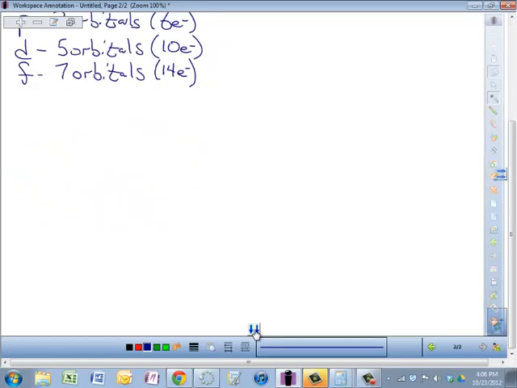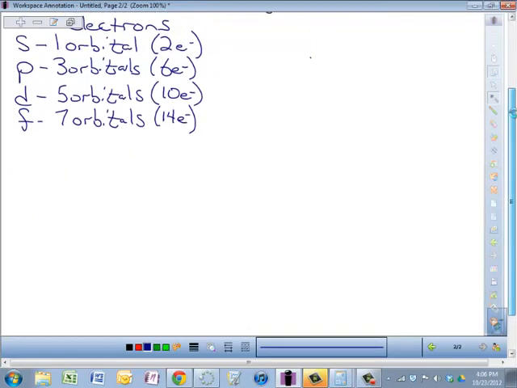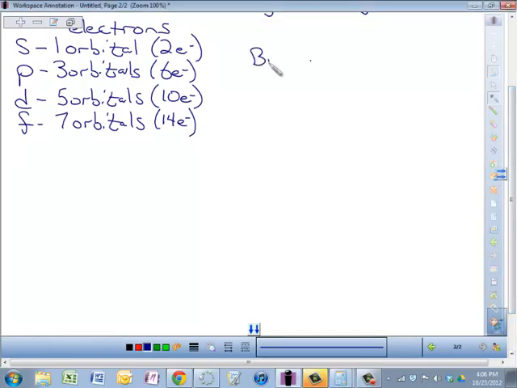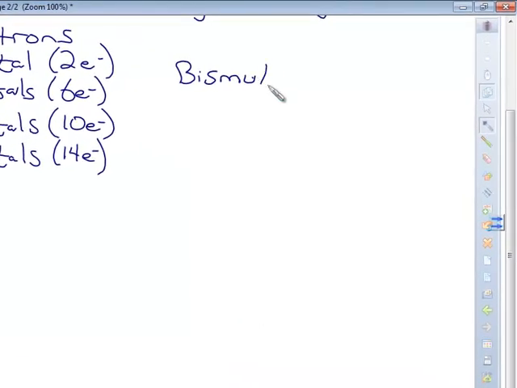So what I want to do is look at bismuth. When I look on the periodic table, bismuth has an atomic number of 83, so what we're saying is it has 83 electrons.